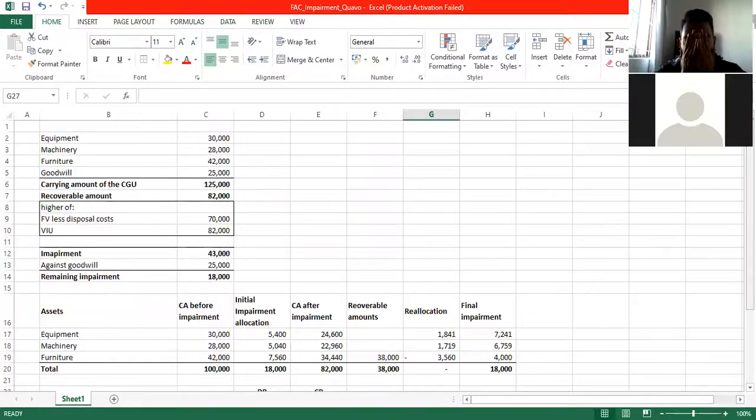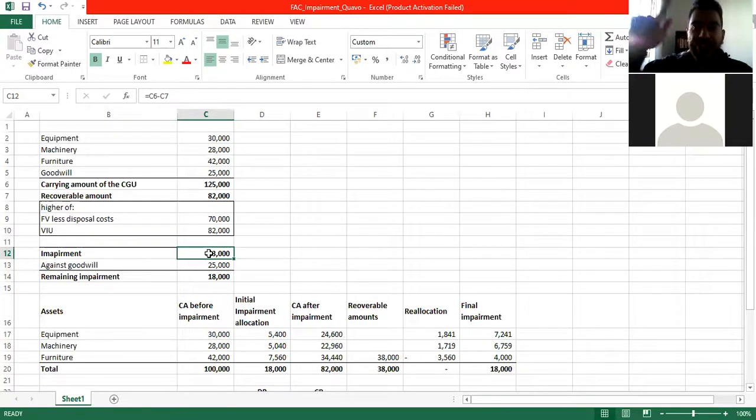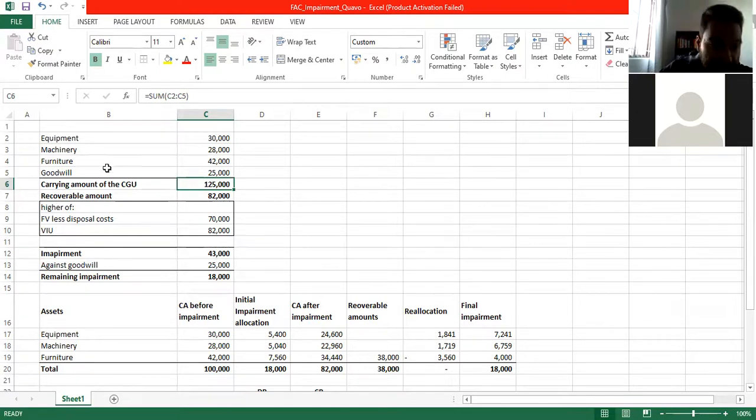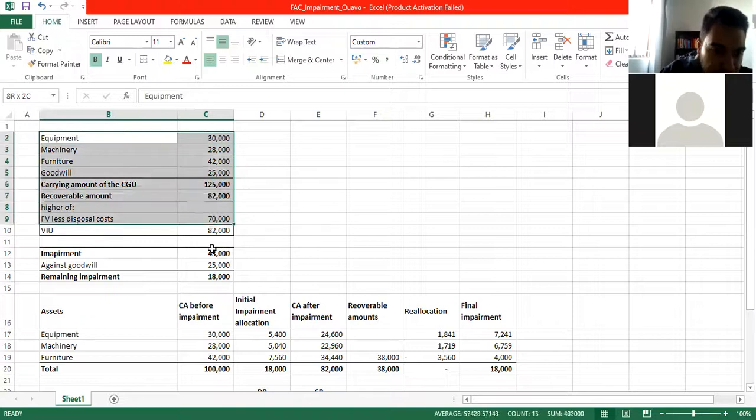Yes. So remember that is a bit complicated. This amount over here, this 43,000, is working out an impairment on a CGU level. So it's working out an impairment on a CGU level, carrying amount of CGU versus recoverable amount of a CGU. So the standard says you'll do this. This is exactly what the standard says you're going to need to do.